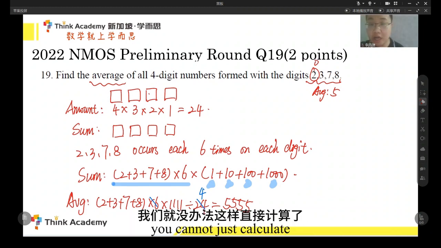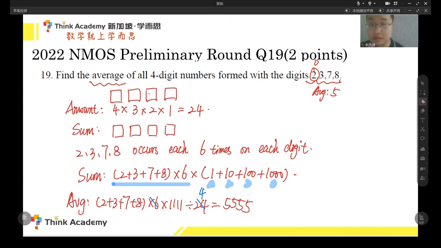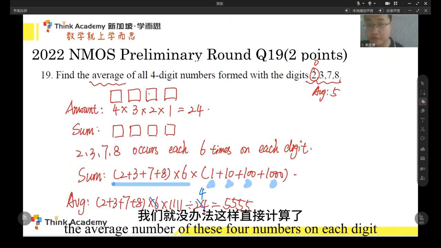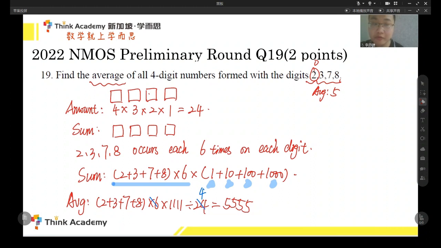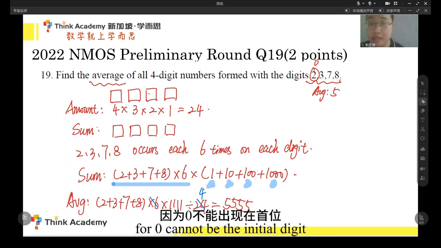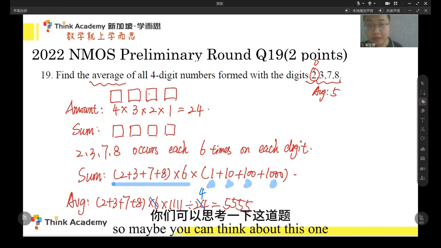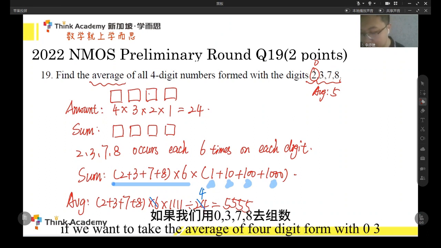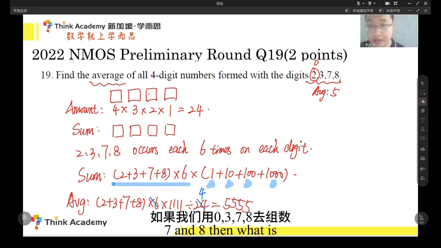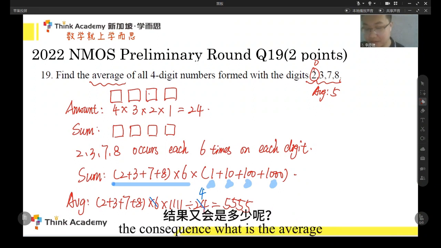You cannot just calculate the average of these 4 numbers on each digit, because 0 cannot be the initial digit. So maybe you can think about this one. If we want to calculate the average of 4-digit numbers formed with 0, 3, 7, and 8, then what is the consequence? What is the average?